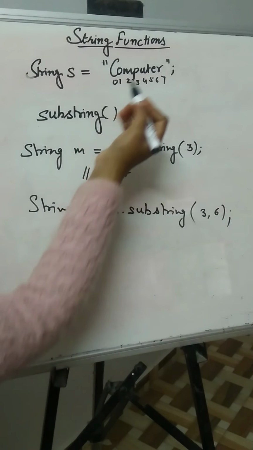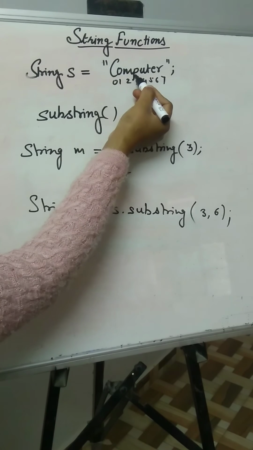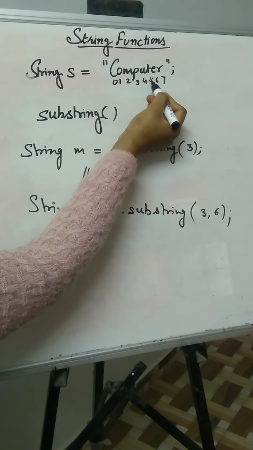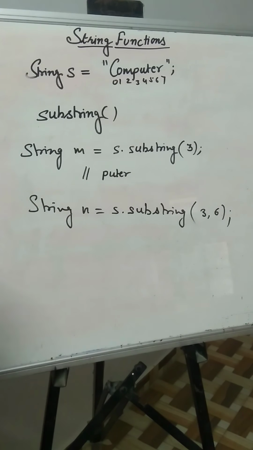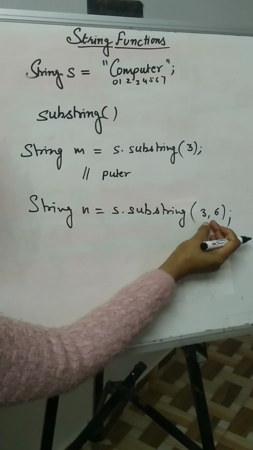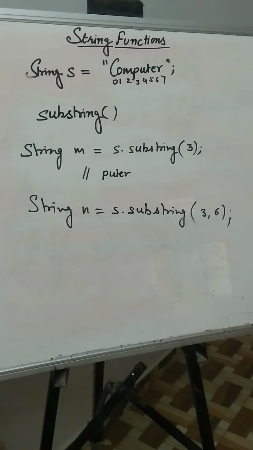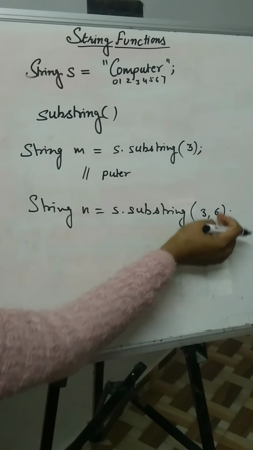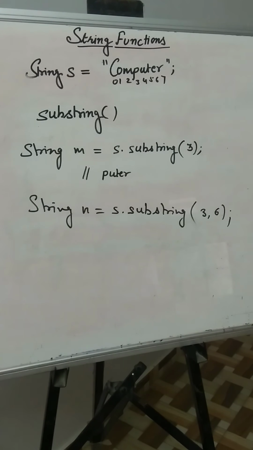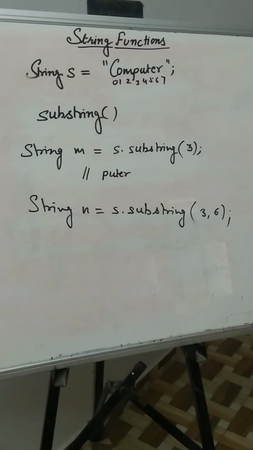The 3 index value is P, then the 4 index is U, the 5th index is T. So here we write 3, 6. It will exclude the given end index. Here I have given 6, so it will exclude the 6, meaning it will print 3 to 5.